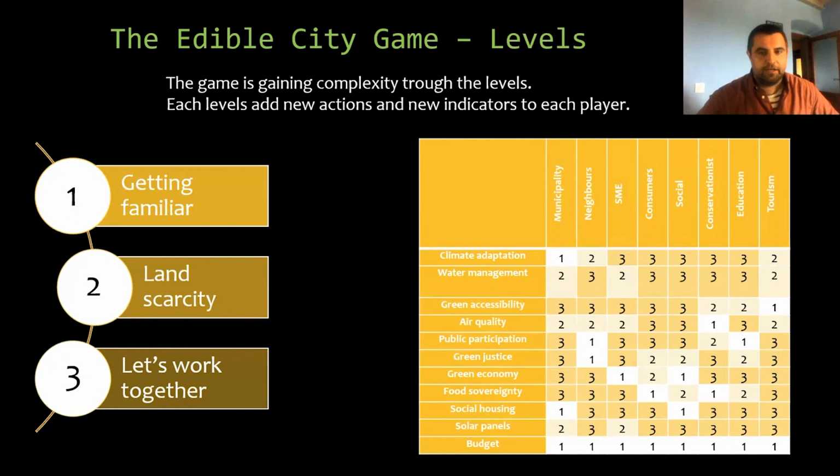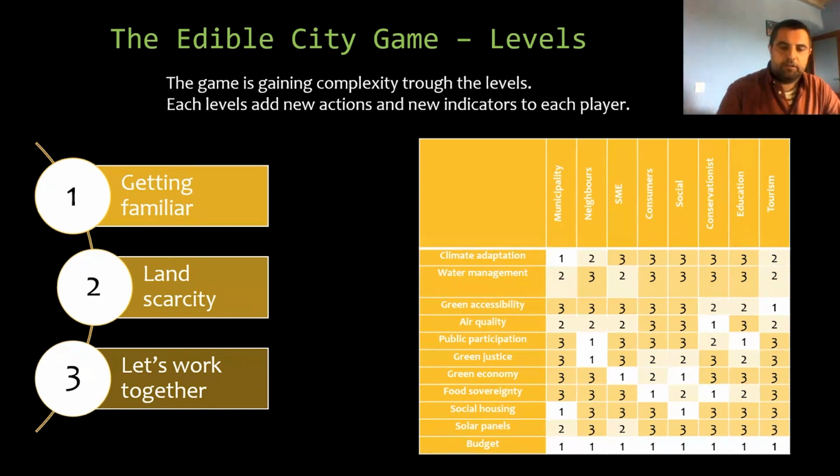Another interesting thing are the levels. We implemented 3 levels on Tygron that are meant to add complexity to the game through each level. Each level adds new actions and new indicators to each player. So in the first level, that we call Getting Familiar, each character has very few actions and only 1 or 2 indicators to achieve, to improve.